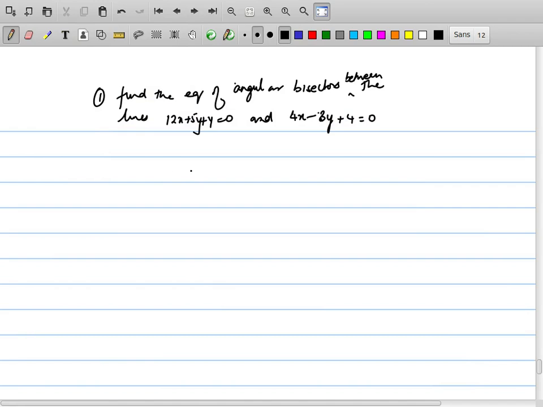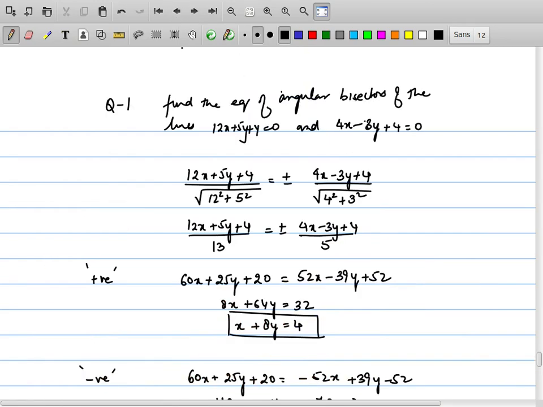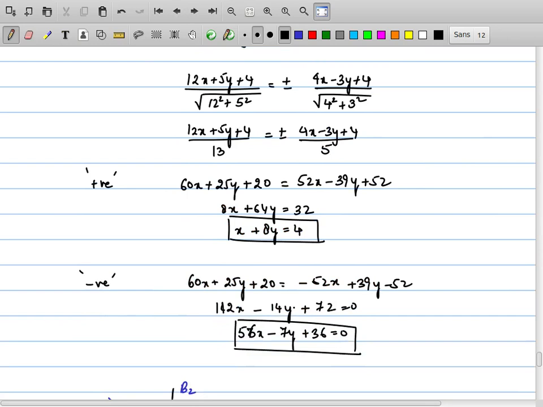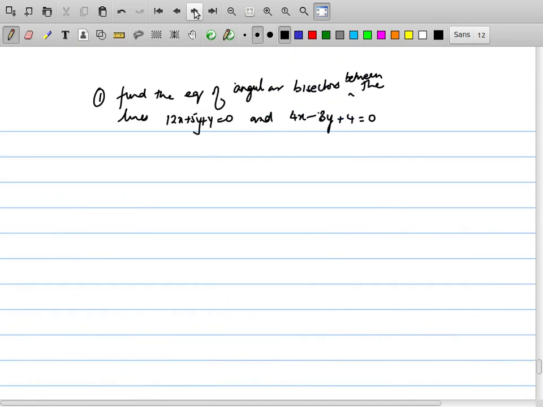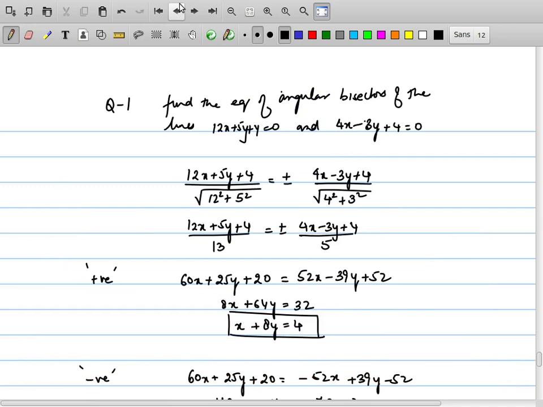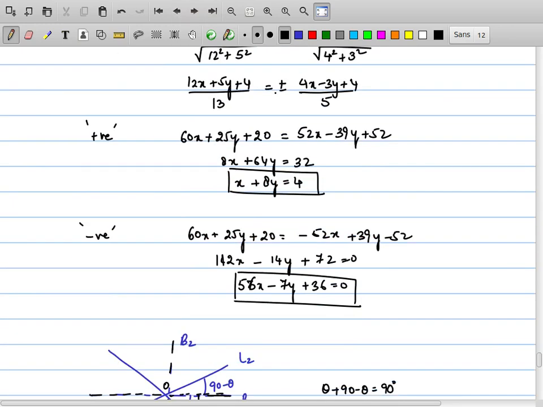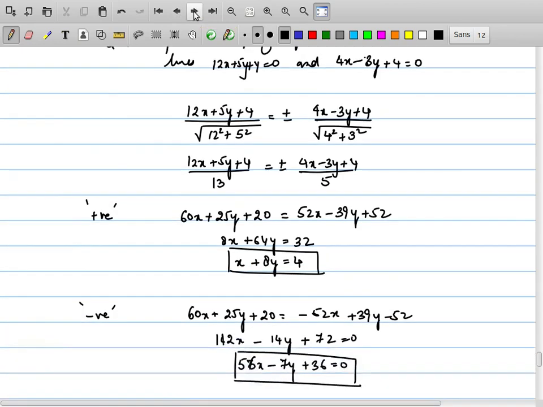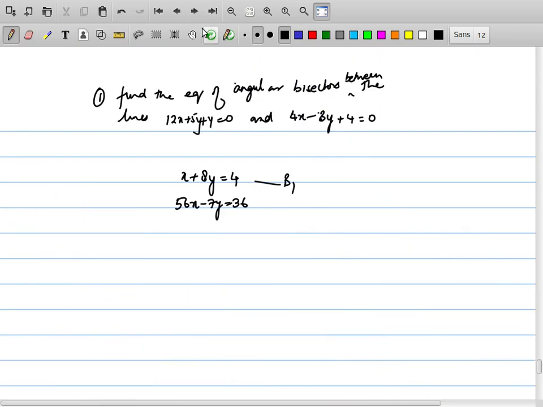The bisectors that we found were x plus 8y is equal to 4, which was your first bisector, and the second one was 56x minus 7y plus 36 equals 0. This was your second bisector.